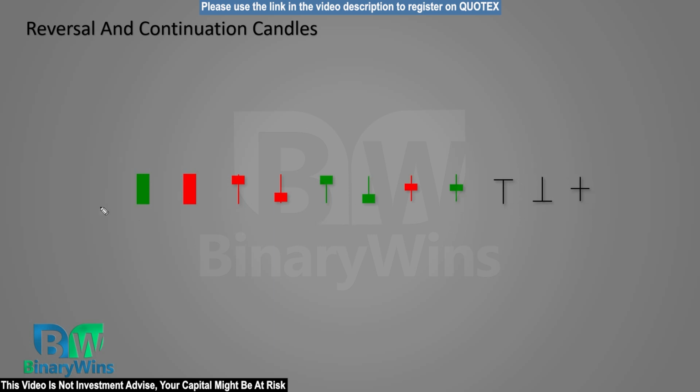All these candles have a similar behavior with each other. That is, if these candles are placed in the middle of the trend, they cause the trend to continue, and if they are placed on the level, they cause the trend to reverse.